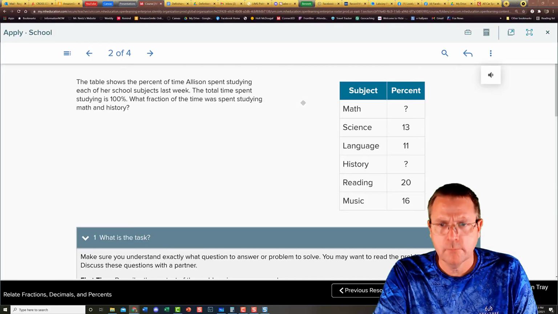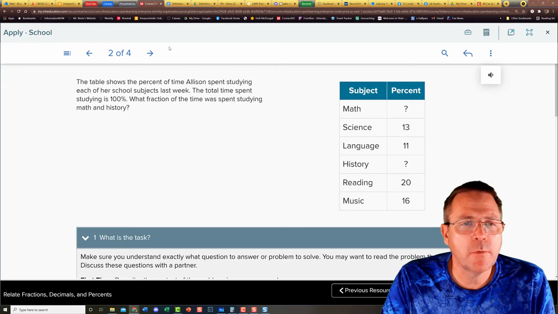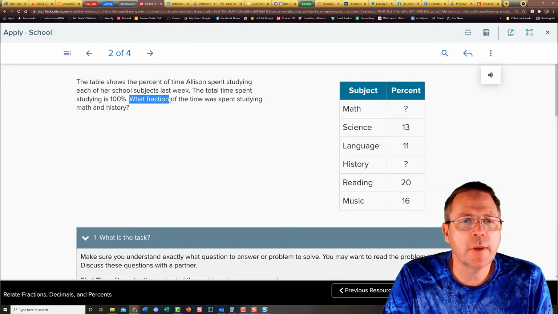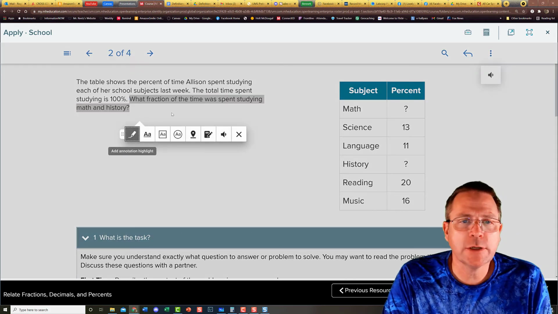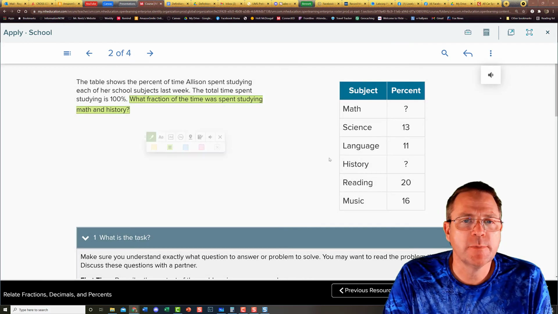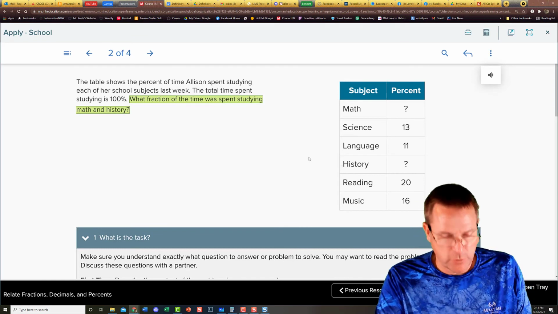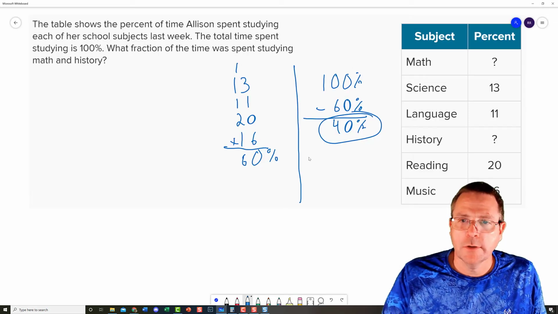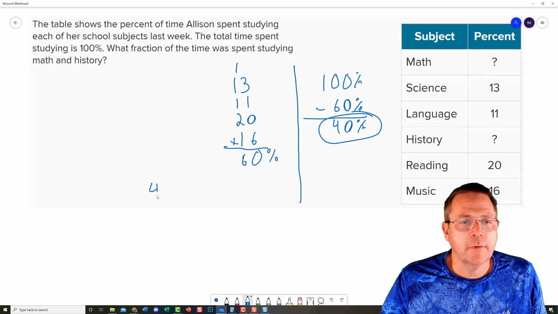Hold on. I see. I did not read my question carefully. It said, what fraction of the time did she spend? So we need to change 40% into a fraction. So let's go back over here. That is, of course, going to become 40 over 100.